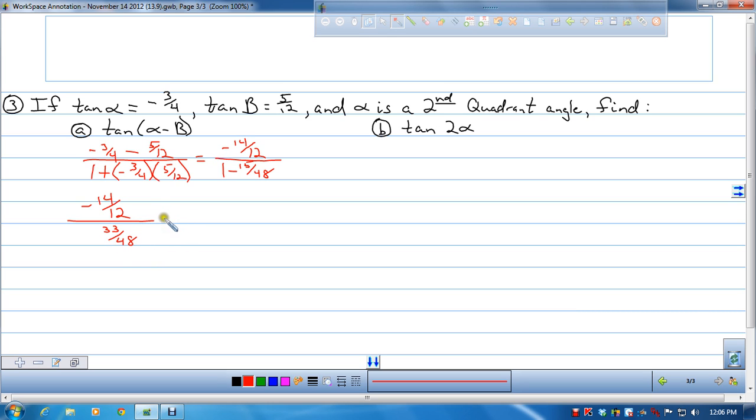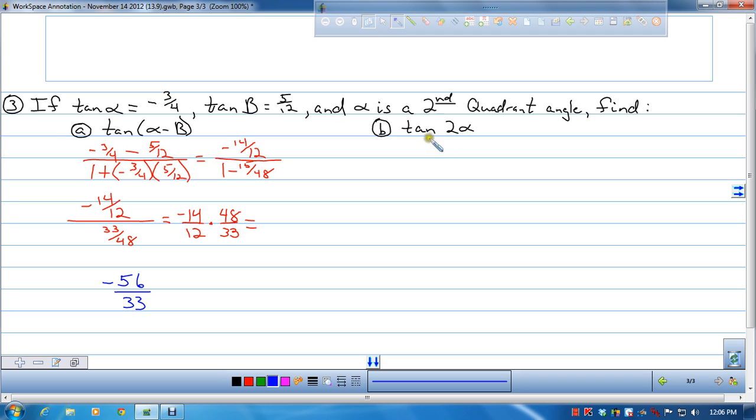And when I take the top times the reciprocal of the bottom, I end up with negative 56 over 33 to simplify. So instead of doing all that, I recommend, and we'll go over this in class if you want to, just how to type that in exactly how you see it into your TI Inspire.